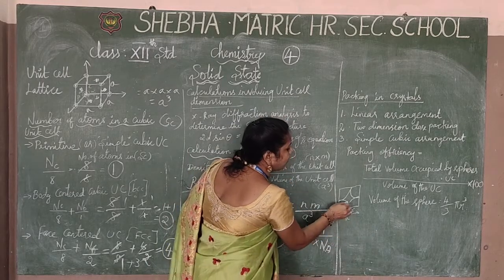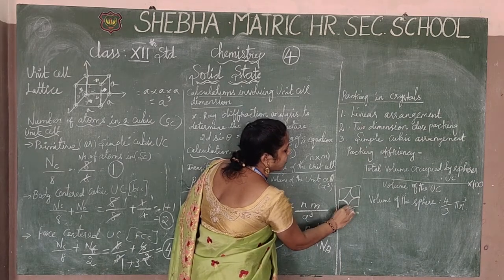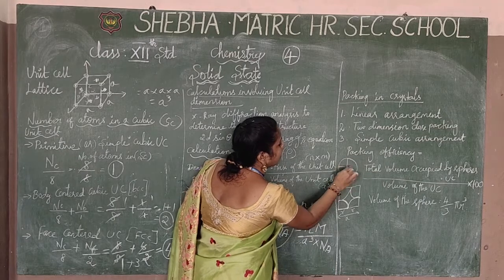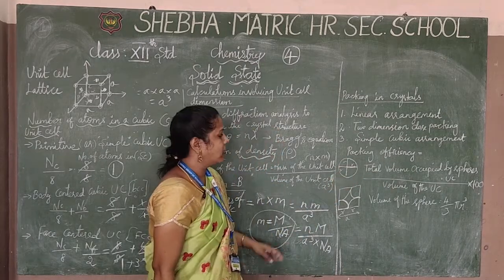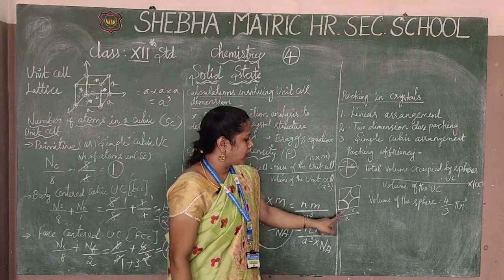You just assume this is one sphere and this is one sphere. Obviously, you know that the sphere has a radius. This is the radius, so this is r, and you have to consider 1 r.